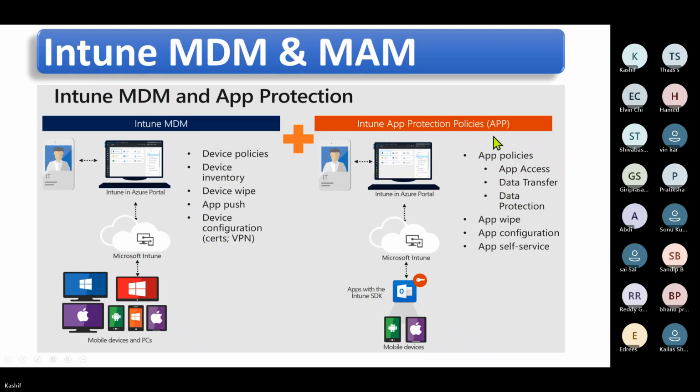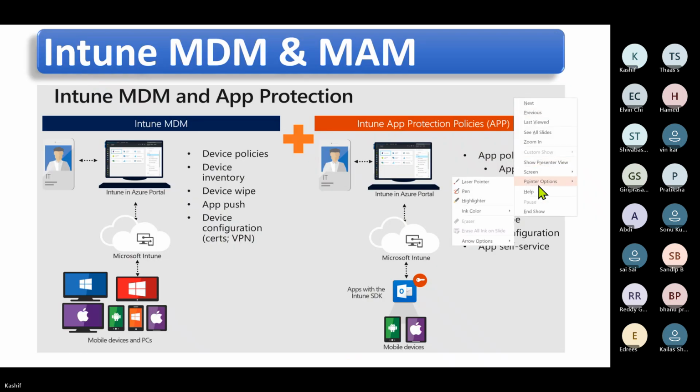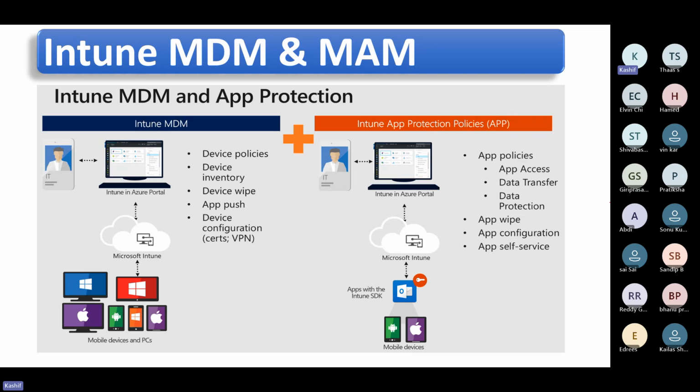So now Intune is basically a Microsoft product which was released in the year 2010. Okay. So it's been 15 years since this product has been in the market. Now, what is the role of this product? Why do we use this?